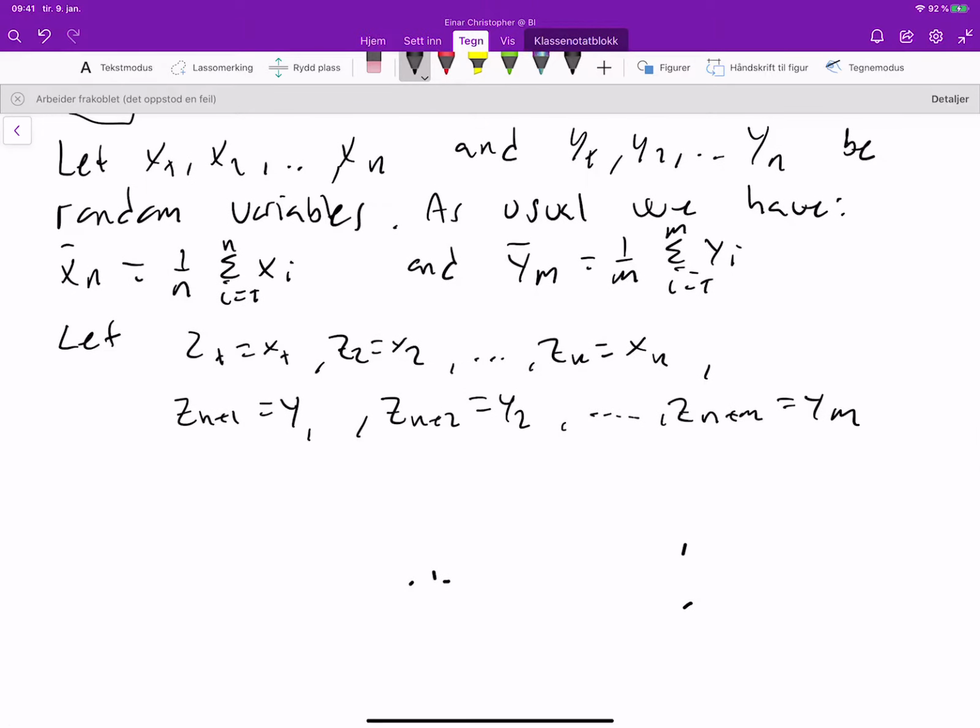So here we have the notation we're going to use through the exercise.